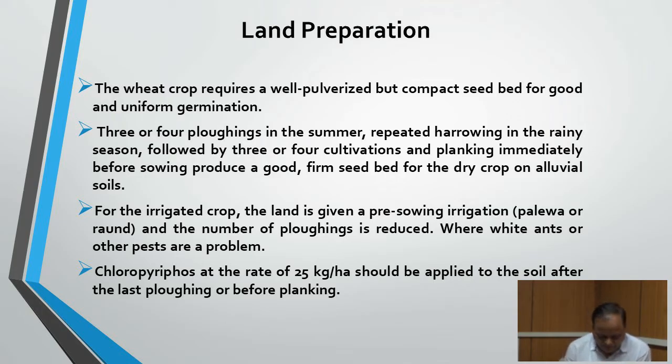After the preparation of the land, it is better to apply 25 kg chlorpyrifos per hectare after the last ploughing and before planting, so that if there is any infestation of termites, then by applying the chlorpyrifos, we can reduce the infestation of termites in coming time.